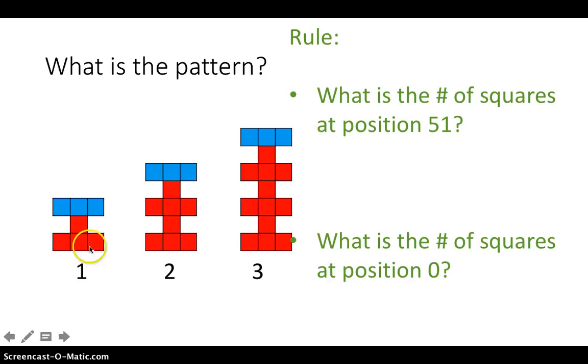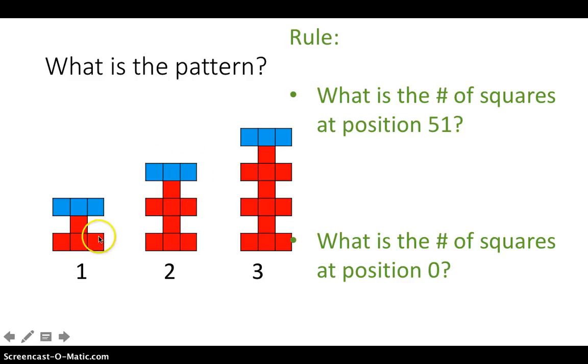And in each pattern, we can see that there's 1, 2, 3, 4 red tiles in position 1. In position 2, we have 2 groups of 4 red tiles. In position 3, we have 3 groups of 4 red tiles. Okay, so that means that the rule is we have position number times 4, because that tells us how many groups of 4 tiles we have, plus an extra 3.